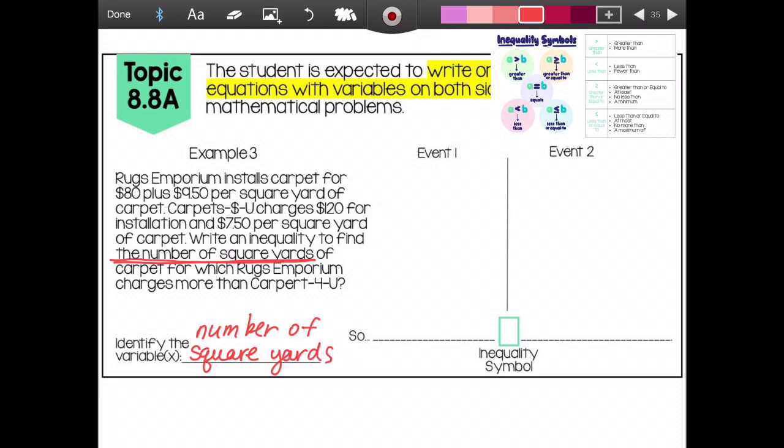We're going to represent that with, we'll just say S. And if we keep reading, it says number of square yards of carpet for which Rug Emporium charges more than. So Rug Emporium charges more than.